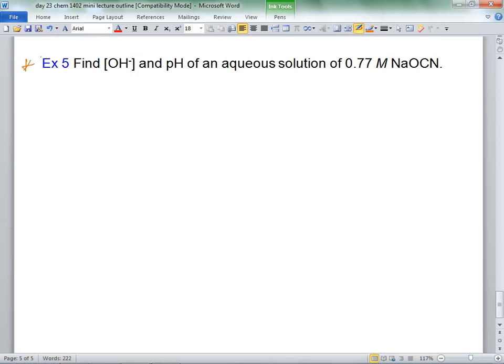What is OCN? Find the hydroxide and pH of an aqueous solution of 0.77 molar sodium NaOCN. Whatever the heck OCN is. I should look that up.